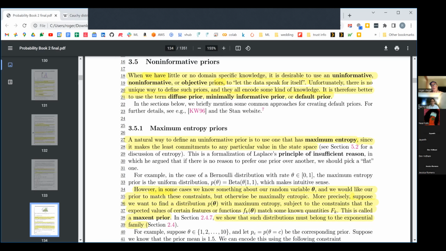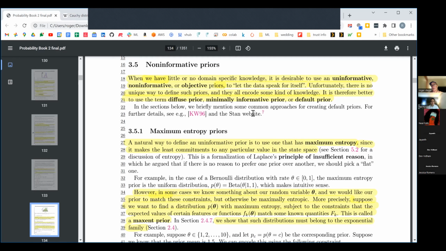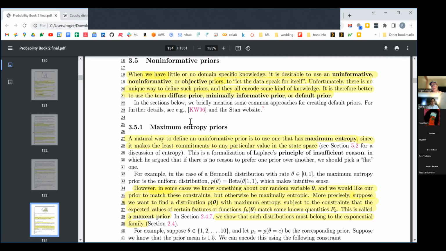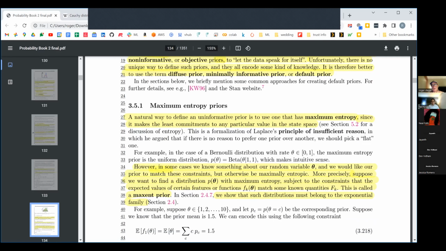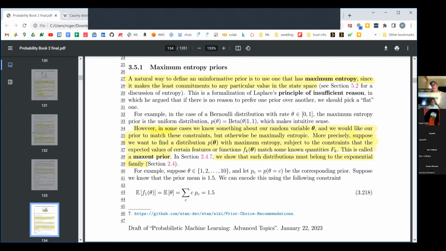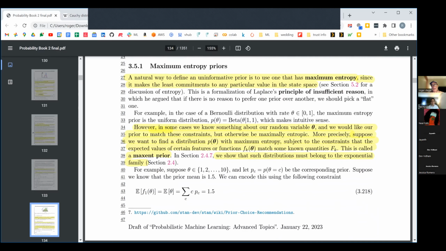So, non-informative priors, section 3.5, they talk about different ones. This is maximum entropy. I think what they're saying is you can optimize these for maximum entropy. So a maxent prior meets certain constraints, with the maximum entropy that can satisfy those constraints.